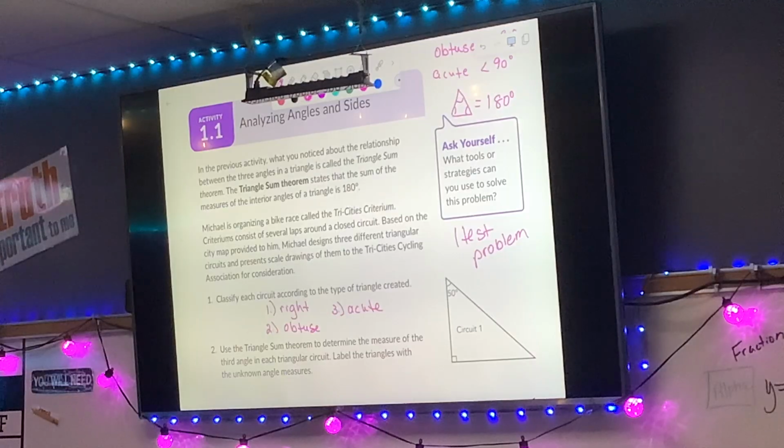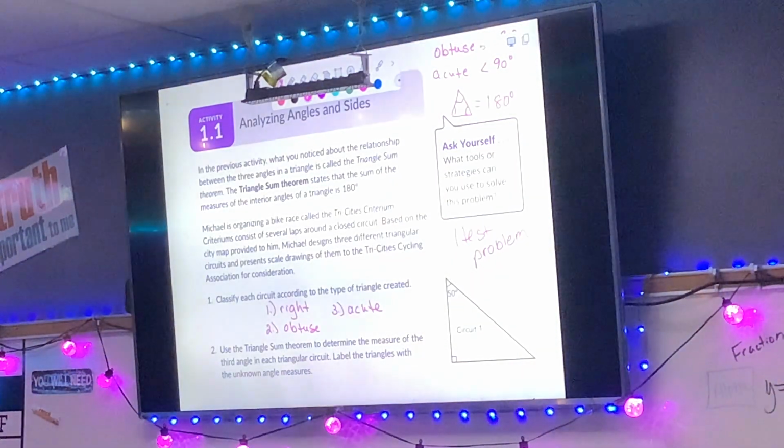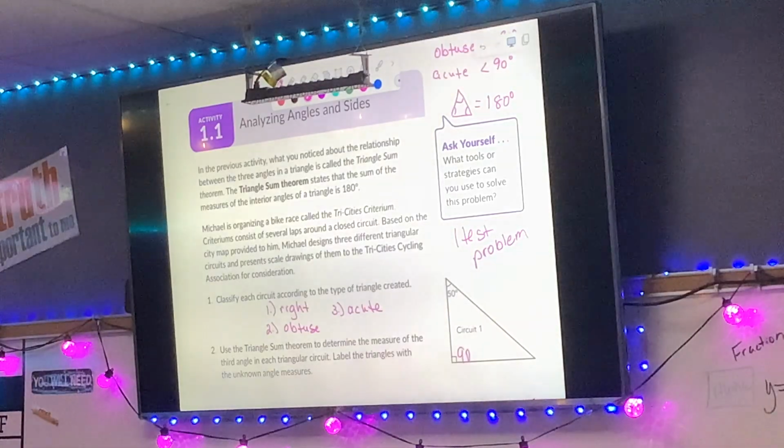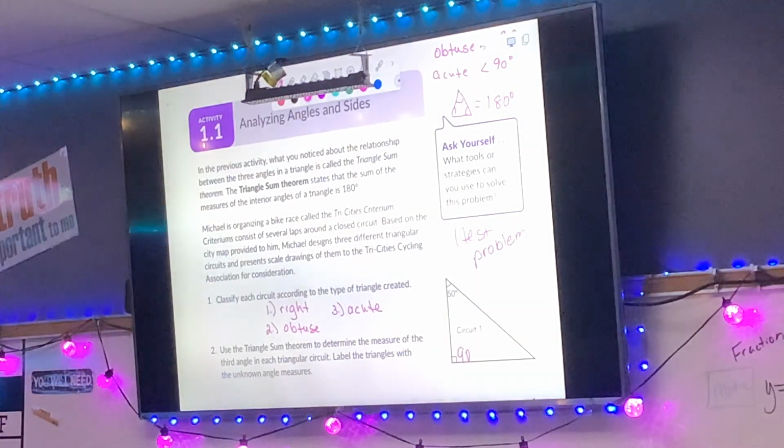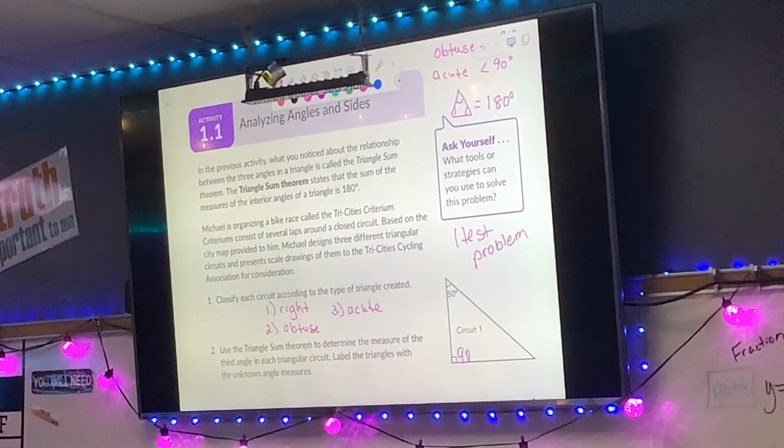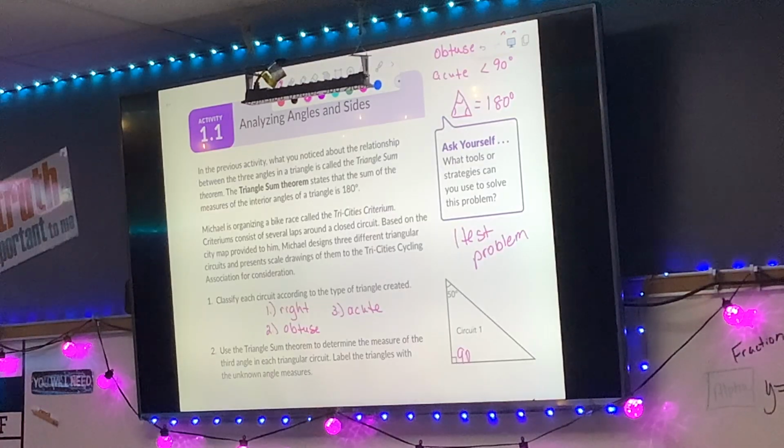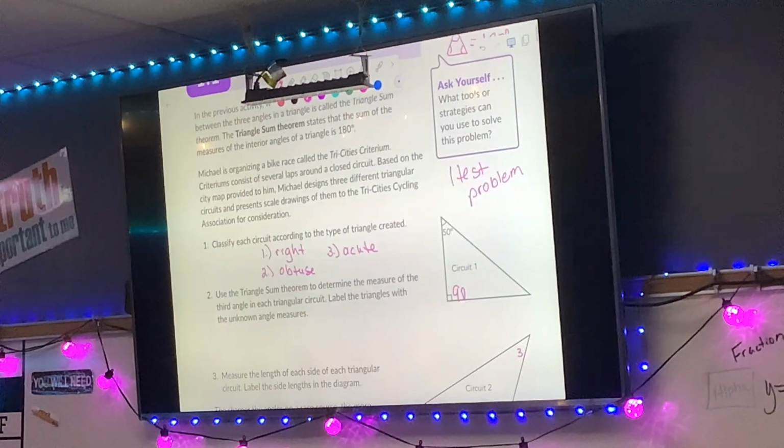If you have a right triangle, what do you have? 90. I automatically know I have 90, right? So as soon as you see that word right triangle, if they don't give you a picture, know you have 90 degrees and then the other angle they give you. Now, how do I find the missing side or missing angle of my triangle?